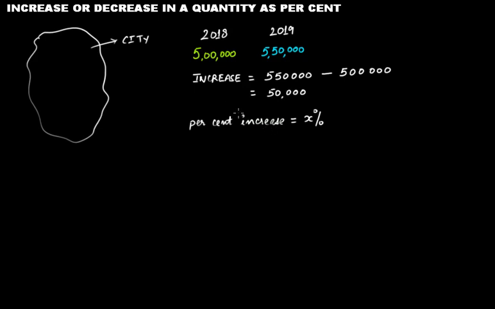So the increase is 50,000, or the percent increase is X percent. These are the two different ways to tell what is the increase in the population. One is in terms of an exact number. Another way is to tell in the form of percent increase or percent decrease. Let's understand this with a few problems.